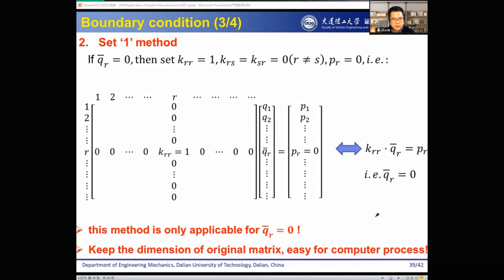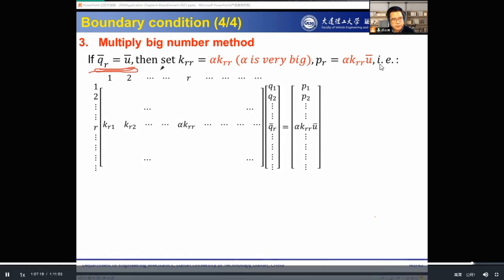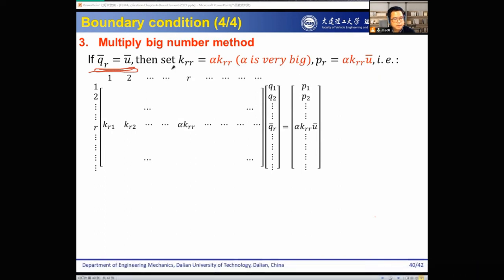And then we have another method, we call it the multiply big number method, and this method is for the scenario where we have a known given value. So how do we get the equivalent condition? Considering this equation in the stiffness matrix, we set up those parameters.